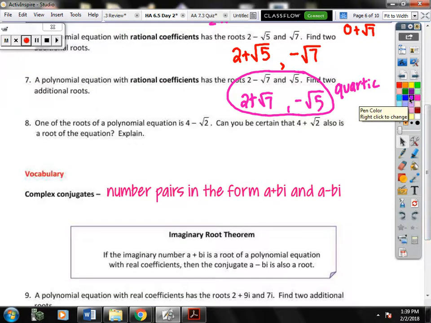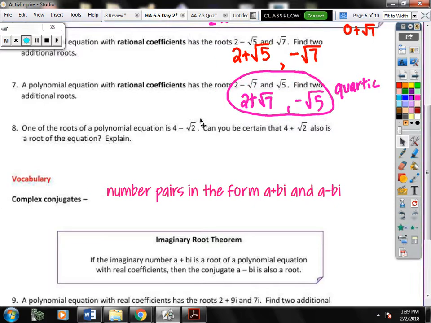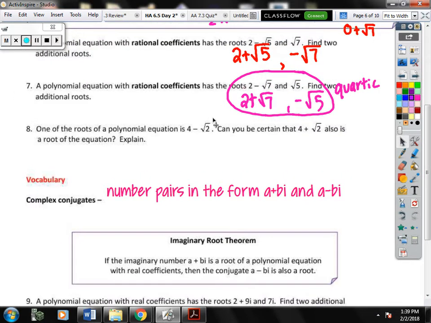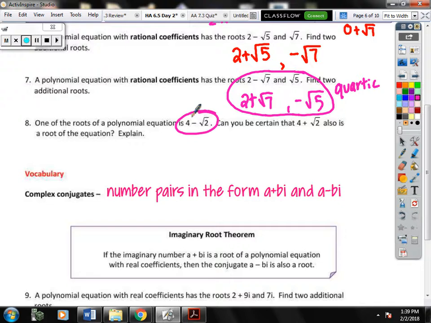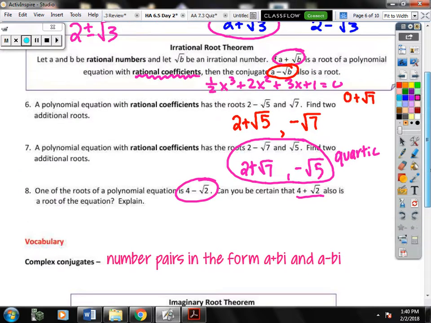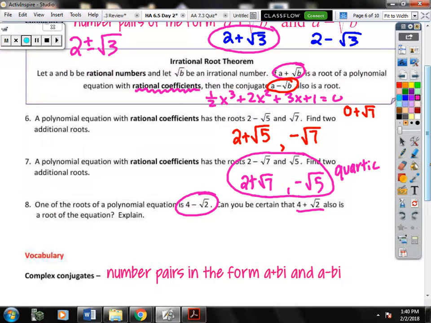Alright, the next one says one of the roots of the polynomial is 4 minus the square root of 2. Doing the same thing again. Can you be certain that 4 plus the square root of 2 also is a root? Yes. No. Pretty certain. Pretty certain. Go back up to our theorem. What did I underline? Rational coefficients. So if you notice in these examples, they told us that it has rational coefficients. This one does not tell us that it has rational coefficients.